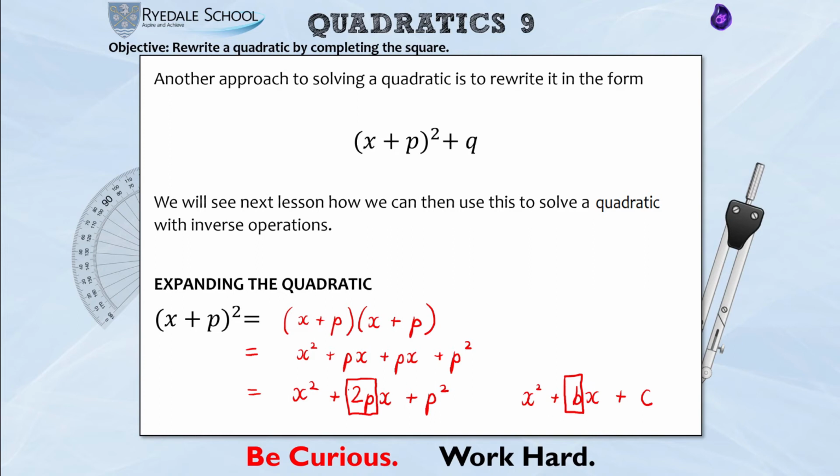So 2p is the same as the coefficient of x. So if I'm starting with a quadratic that is in this form, and I'm trying to rewrite it back as (x + p) squared, well, I already know the number that p is going to be. p is going to be half of this number here. And that is super important in the process of completing the square.